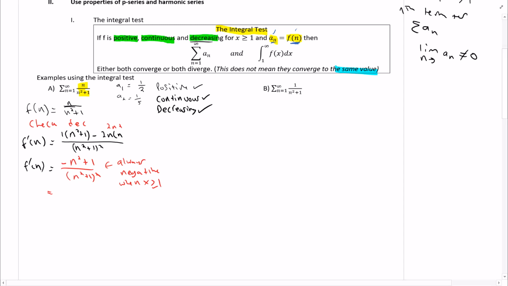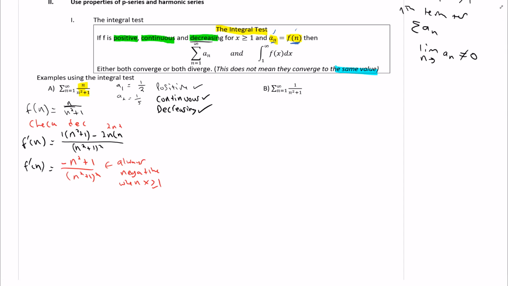So now I'm ready to apply this test, right? So the test says that if the integral from 1 to infinity of the function converges, then the series 1 to infinity also converges, right?